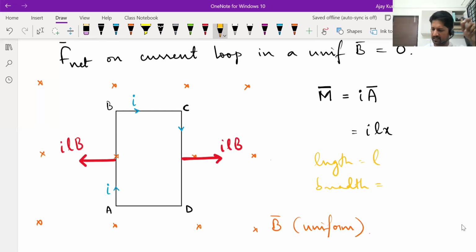Okay, so you are saying IXB, where B is the magnetic field, correct? Yes, sir. Okay, and since the current is flowing to the right and the magnetic field is inward, the force on that side of the rectangle will be this way, IXB, and the force on the lower side of the rectangular loop will be this way, the same IXB.